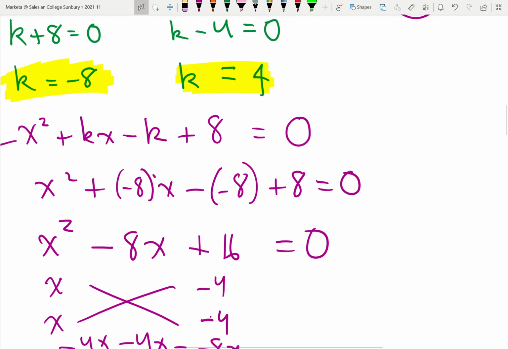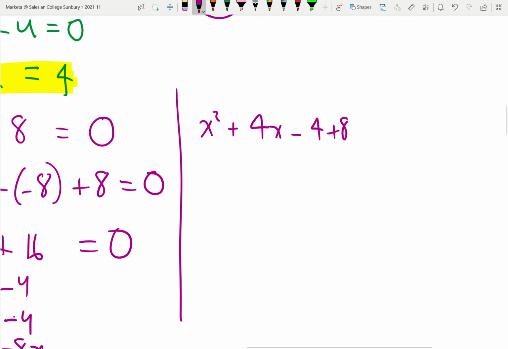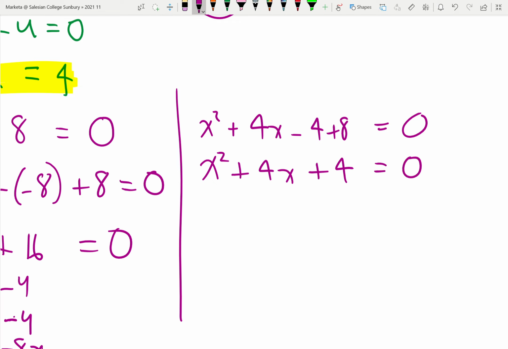So now let's sub in 4 for k. So it's x squared plus kx, so plus 4x, minus 4 plus 8. Let's see if we get one solution for this one. So x squared plus 4x minus 4 plus 8 is plus 4. And you can probably see that this is a squared plus 2ab plus b squared.